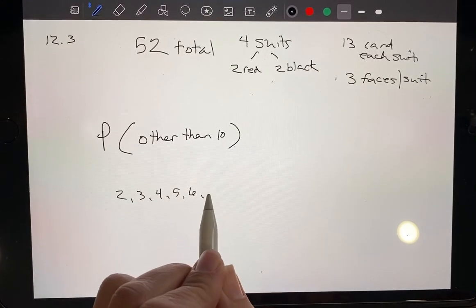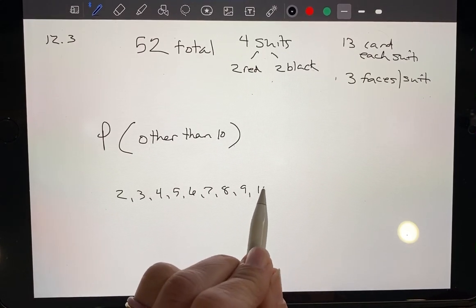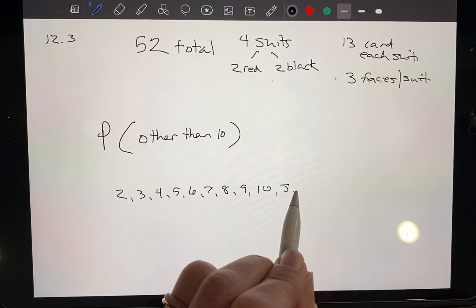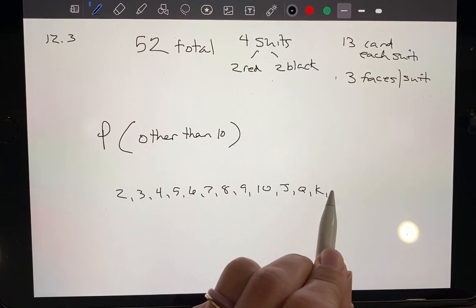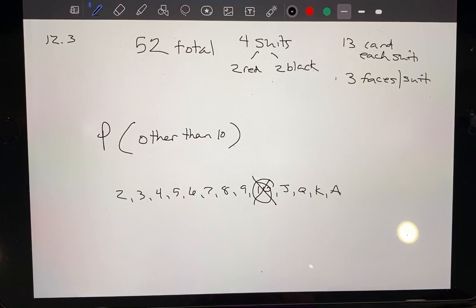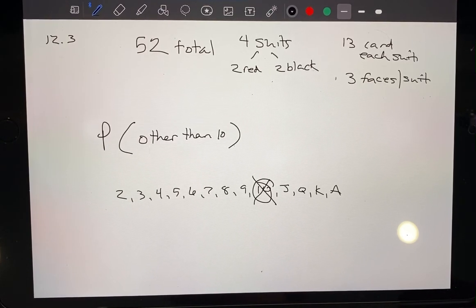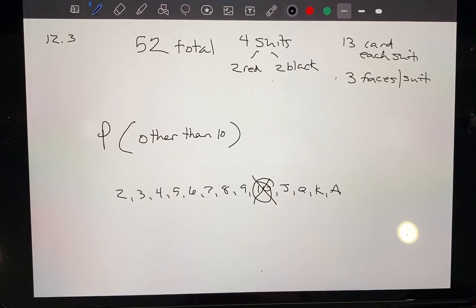Since there's 13 cards, that means I have 12 other options. That means we would need to find the probability of all of the options except for 10 and add them all together.